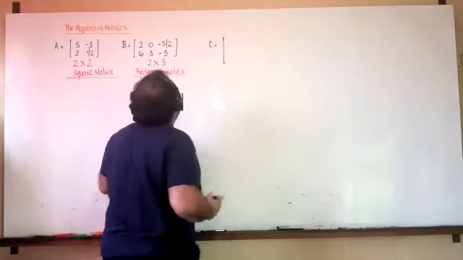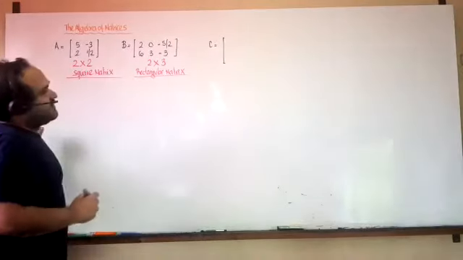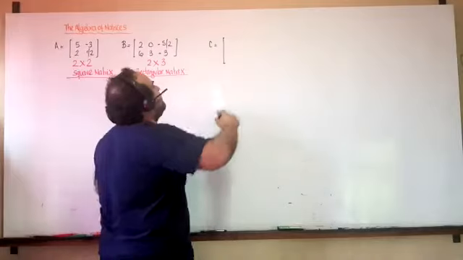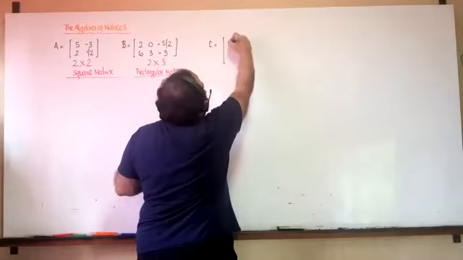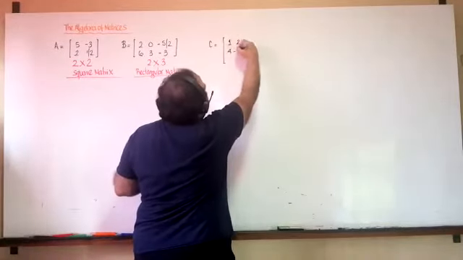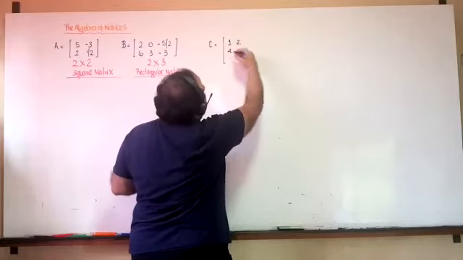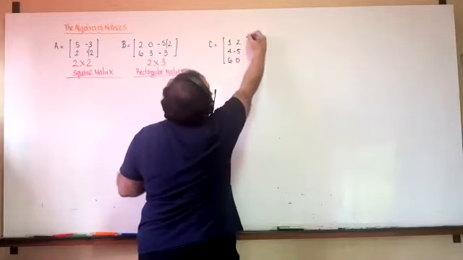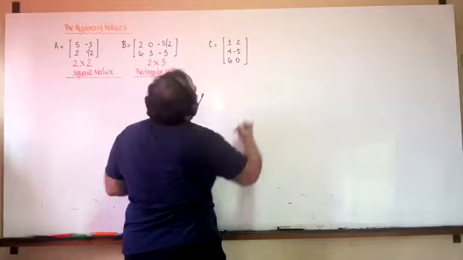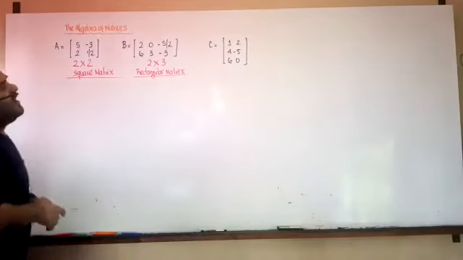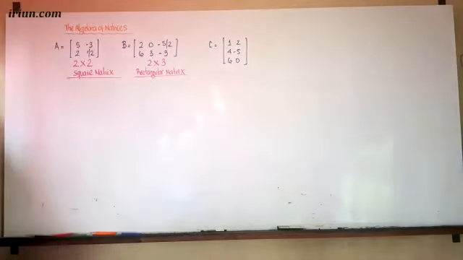When I say 3 times 2, that means I'm going to have 3 rows: 1, 2, 5, negative 5, 4, 5, 6, and 0. If you see this matrix C, it does not correspond to 2 times 3.